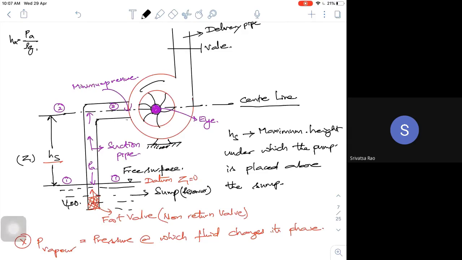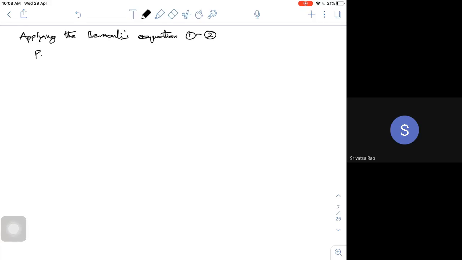If I apply Bernoulli's theorem between 1 and 2, what I'm going to get is, at 1, P1 by rho g, that is my pressure head, plus V1 square by 2g plus Z1, is equal to P2 by rho g plus V2 square by 2g plus Z2 plus some losses.